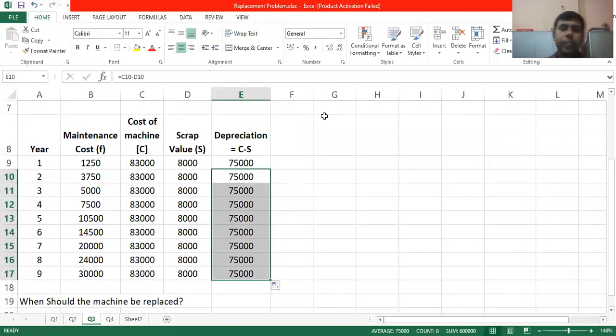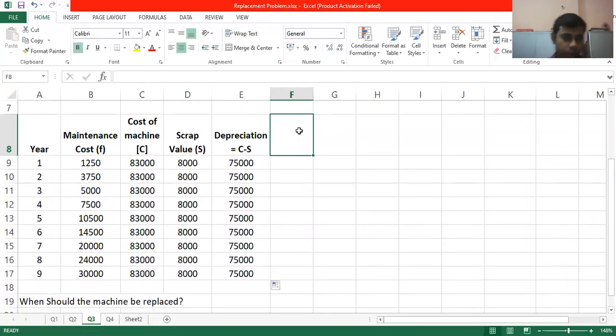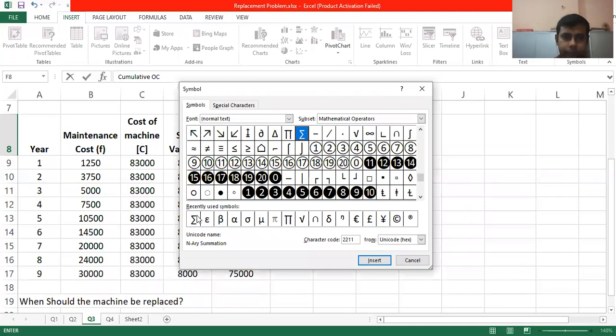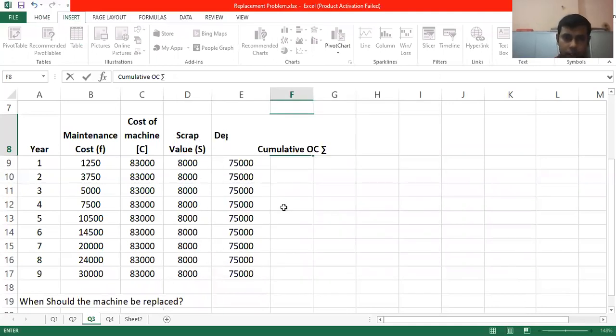Now this is our depreciation. Next, we need to get cumulative operating cost, that is sigma f.